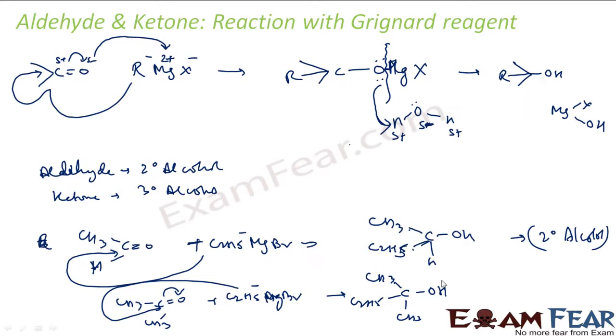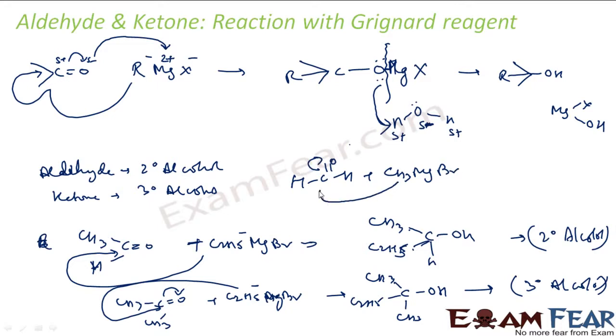This is what I'll get. And if you see, this is the 3-degree alcohol. Correct. So if I use aldehydes, I get 1 degree or 2 degree. For example, if I use HCHO, and in this case I use CH3MgBr, let's suppose, what I get is 1-degree alcohol.